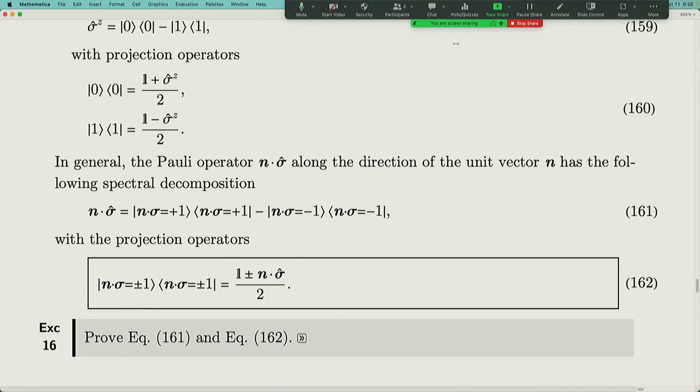Remember that n dot sigma is nx sigma x plus ny sigma y plus nz sigma z, which is another 2 by 2 matrix, which can be very complicated if you write down its matrix elements.